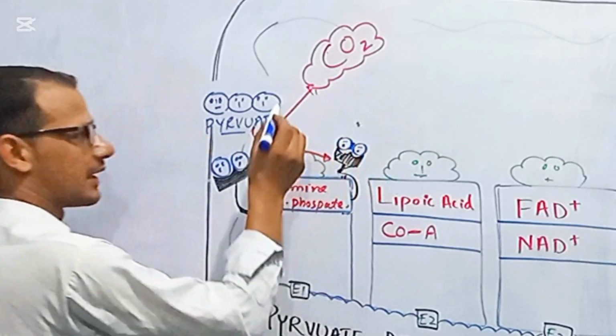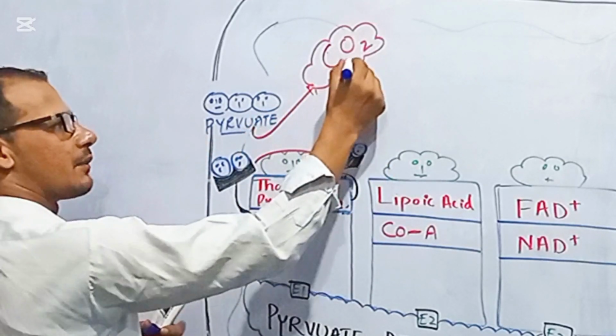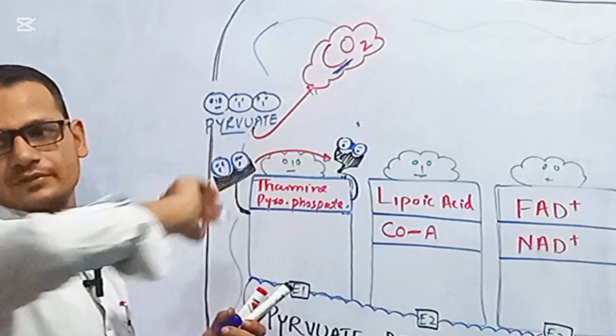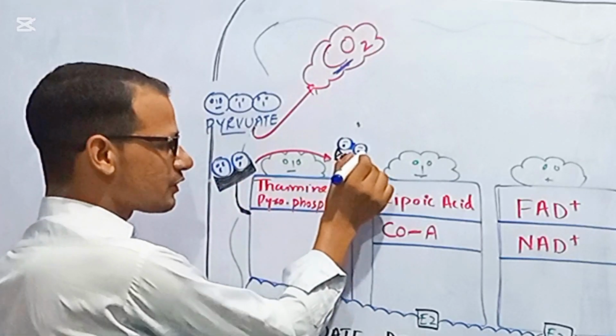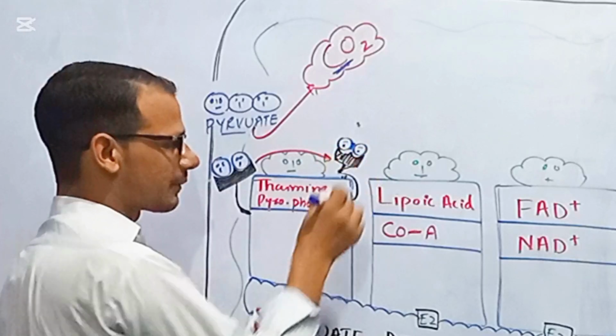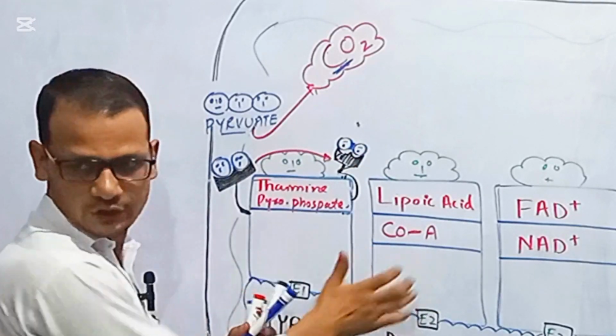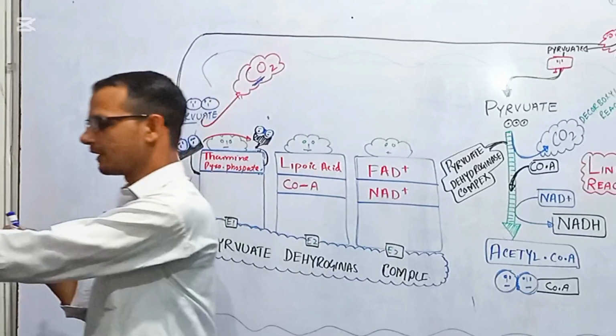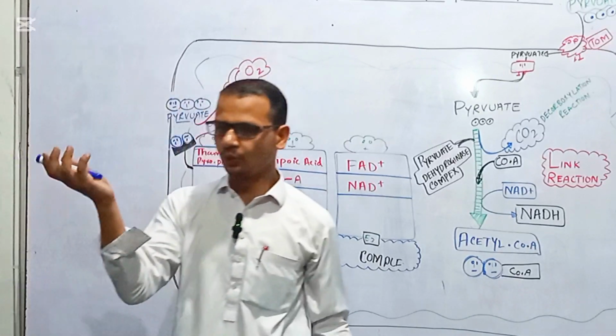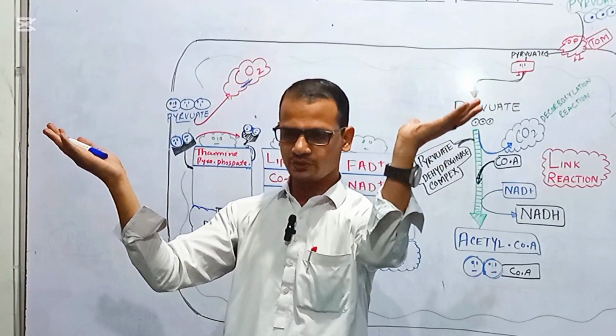Now this is a 2 carbon compound because 1 carbon is lost here, right? He throws this 2 carbon compound into this E2. This is just the jumping system, right? For example, from here this is the 2 carbon and this is E1 and this is E2.